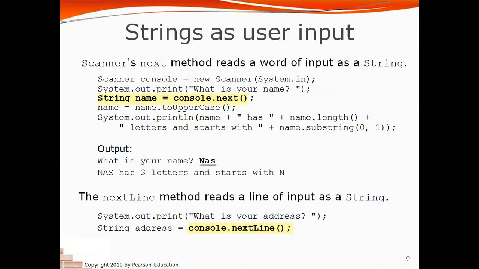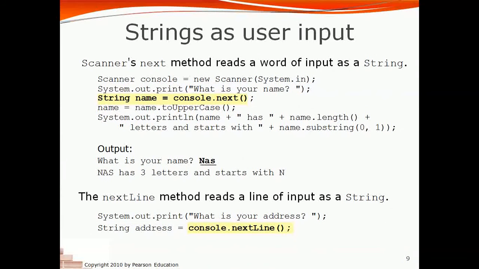Now, string as user input. How do we input from the user, from the keyboard, from the console? Using Scanner's next method in the utility class. We write import java.util.*.